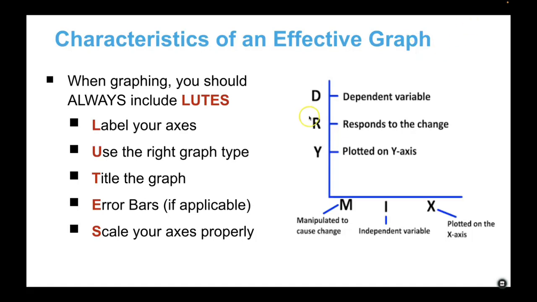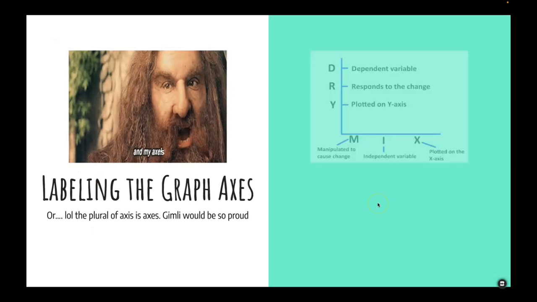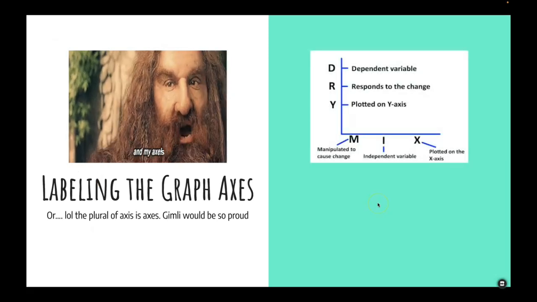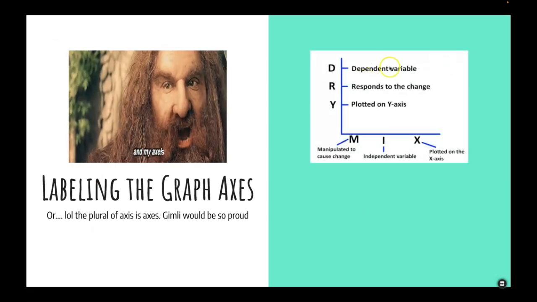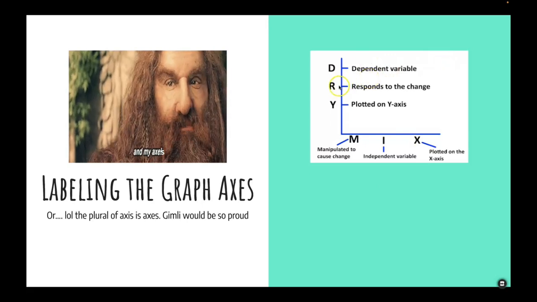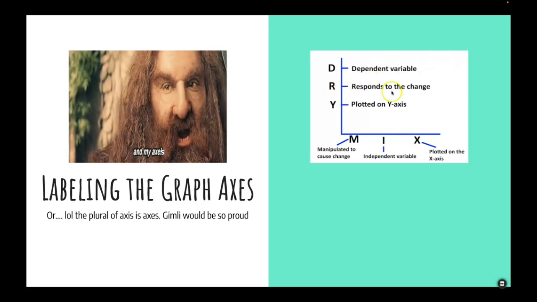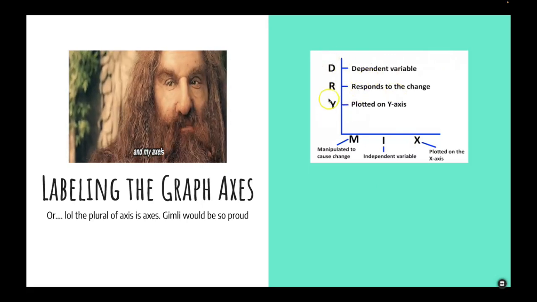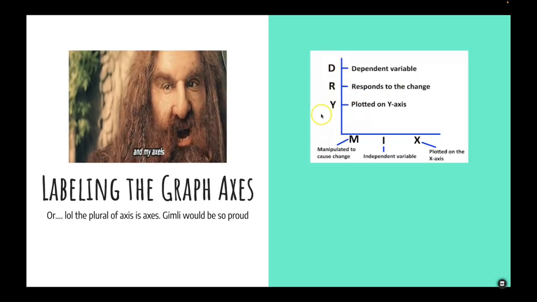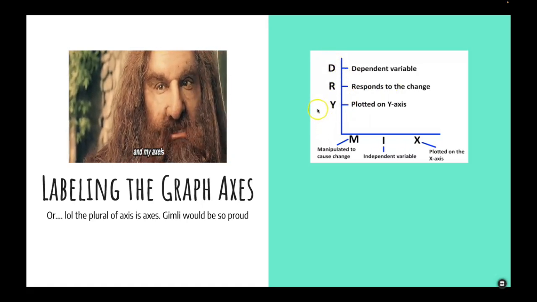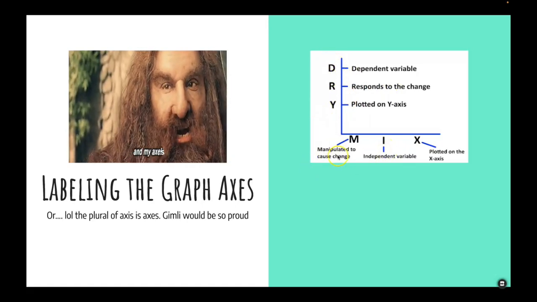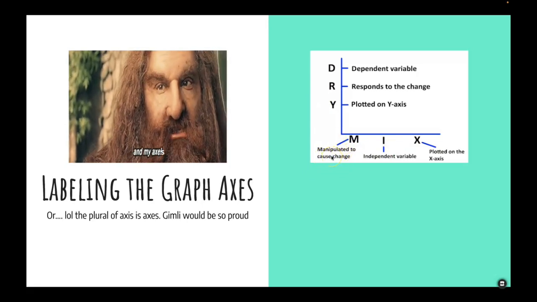Another acronym you want to remember is DRY MIX, and we'll get into that in a second. So DRY MIX, the D stands for the dependent variable. The R stands for respond to the change, and the Y means that you're always going to plot your dependent variable on the Y-axis. For MIX, M is what you're manipulating to cause a change.